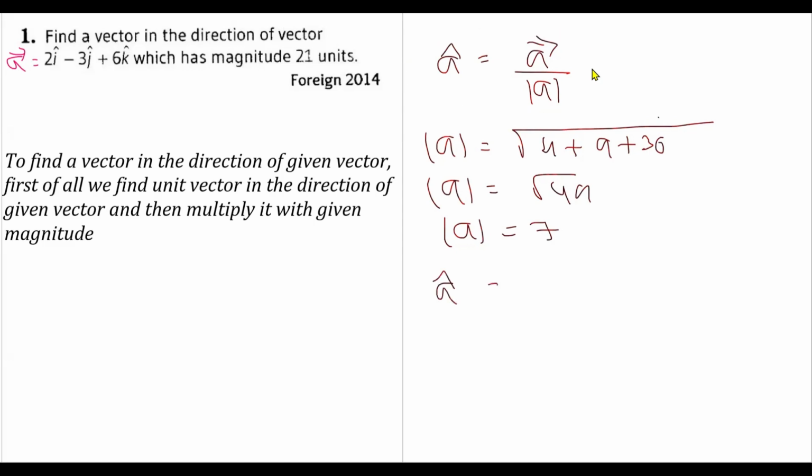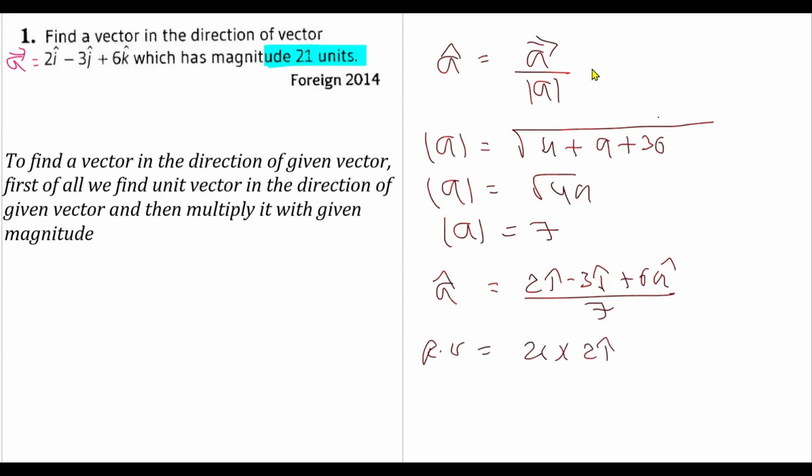Once you get this, as I said, we are going to get a unit vector. So a cap is vector A divided by 7, which is 2i cap minus 3j cap plus 6k cap, that divided by 7. But we have to get a vector of 21 magnitude, so in the next step, we'll be multiplying by 21. So the required vector is 21 multiplied by (2i cap minus 3j cap plus 6k cap), that whole divided by 7.